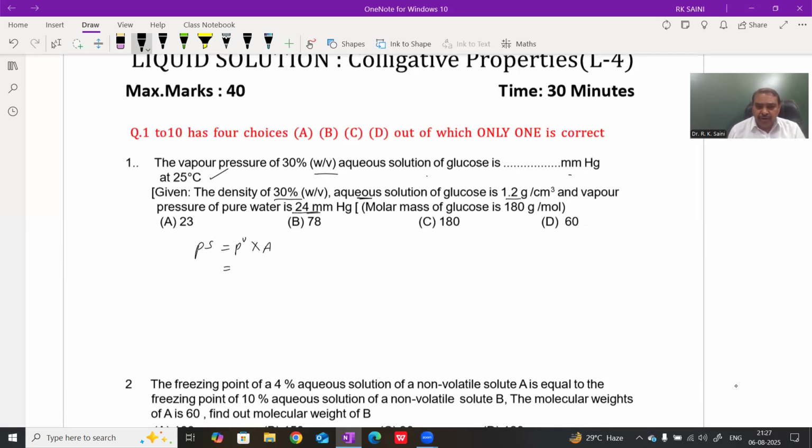Vapor pressure of solvent is given as 24 mmHg, and this is the mole fraction of solvent.